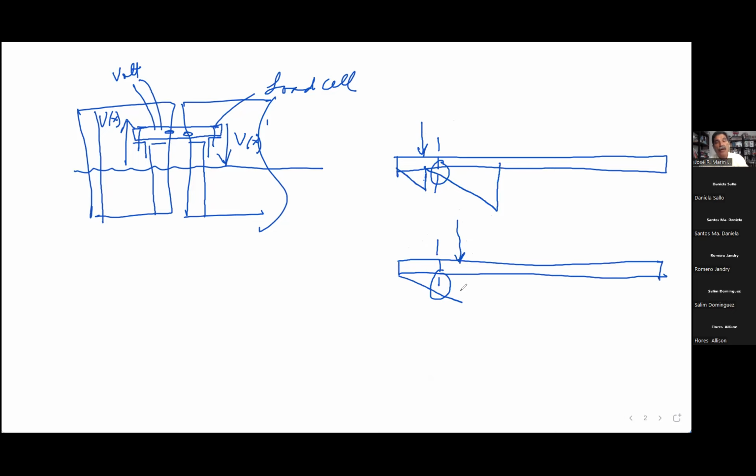This is something that I want you to check. And now what happens if I change this a little bit to the right? What do you think? What happens with this value here? It will increase. Is it?